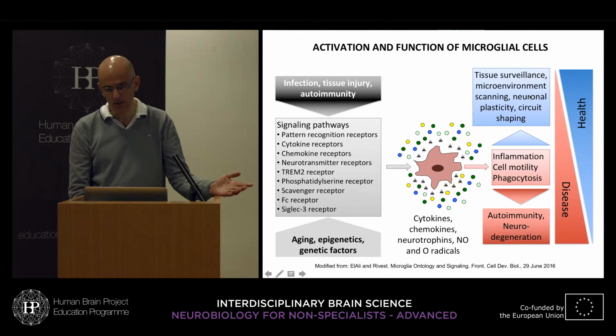All of them things that we wish that they happen. But in a bad situation or a disease situation, this also can lead to autoimmunity and to the acceleration of neurodegeneration. And here you see the classical two-sided face of inflammation, health, and disease.